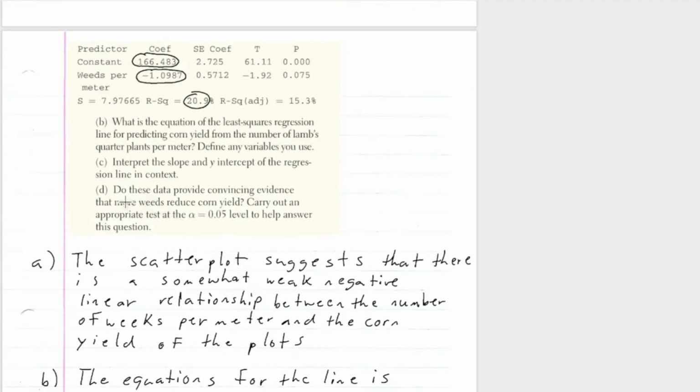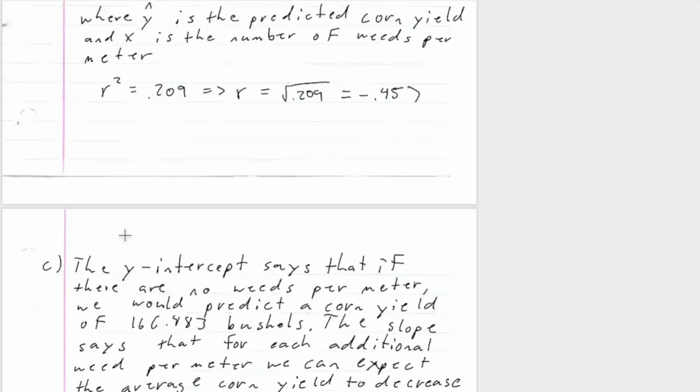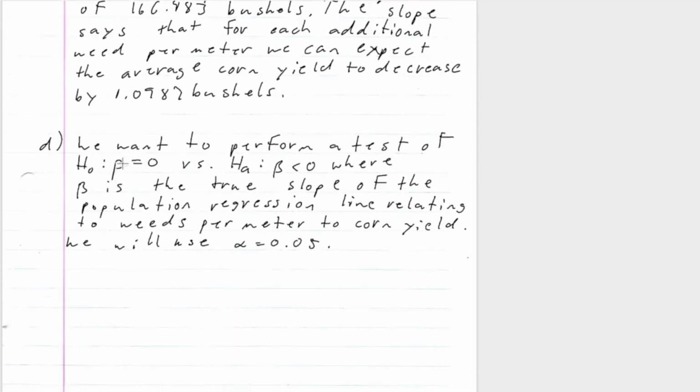Okay, so D: do these data provide convincing evidence that more weeds reduce corn yield? Carry out an appropriate test at the alpha equals 0.05 level to help answer this question. So we want to perform a test where the null hypothesis is that the actual slope, that's what beta represents, is 0, so introducing the weeds won't have a negative impact on the corn yield, versus the alternative hypothesis saying that if we were to introduce the weeds into the corn, our yield would be less.